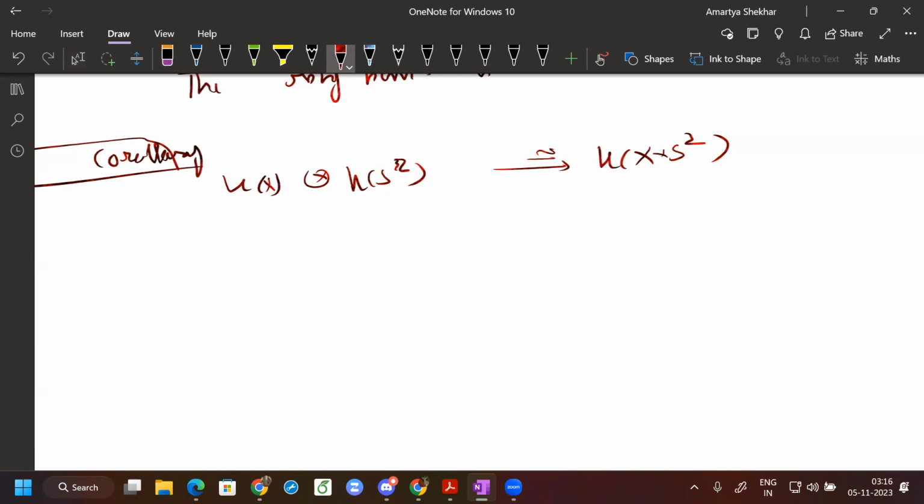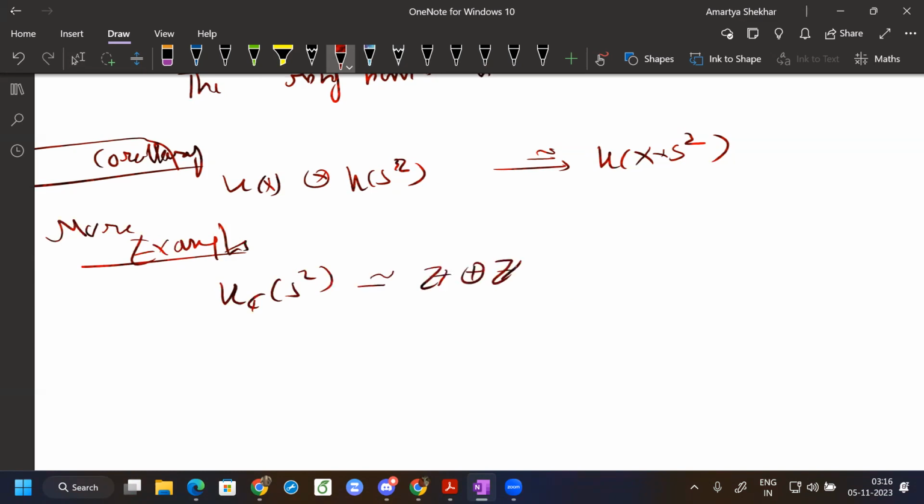Okay, so let's see another example. More examples. Using the fundamental theorem, we'll get the K-theory of S2. And so okay, let's look at the torus.